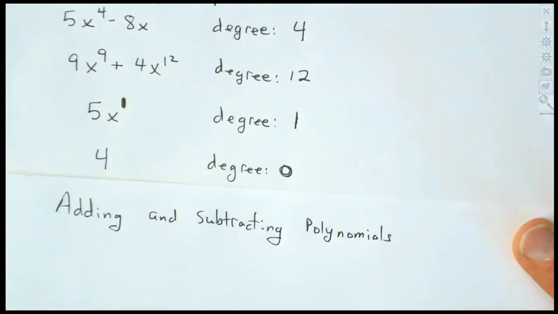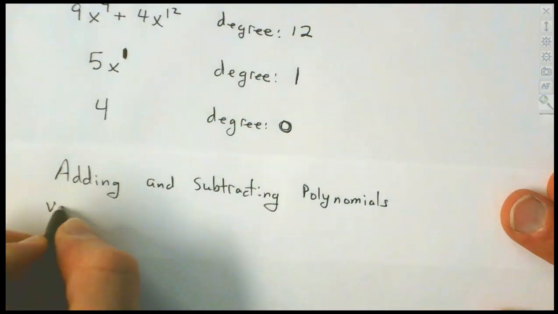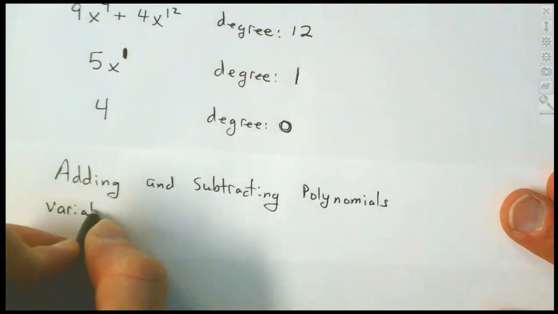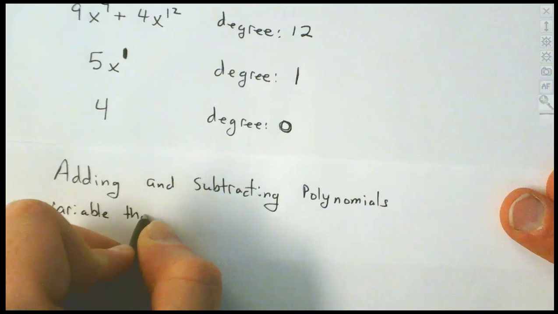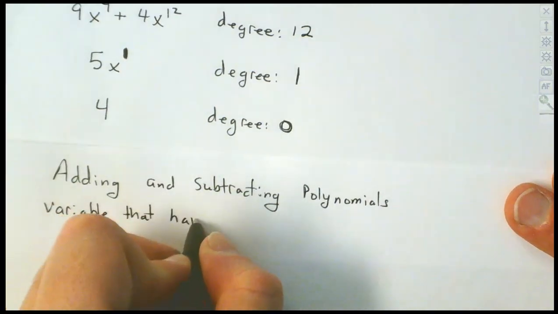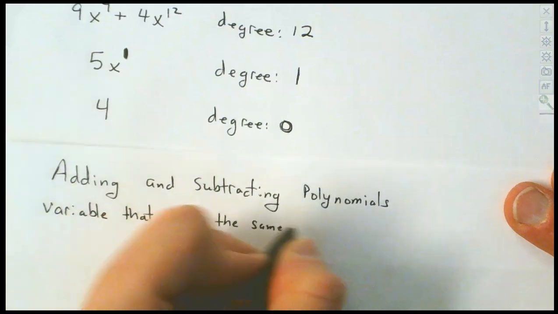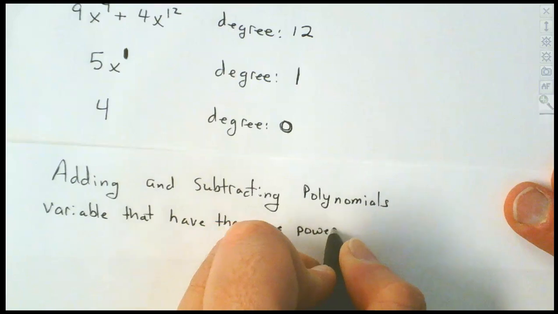Okay, when we add or subtract polynomials, we want to combine like terms. That means they have to have the same powers to go together. So variables that have the same power go together.